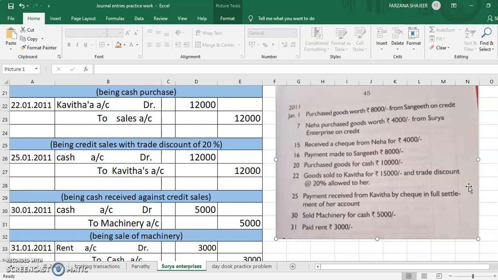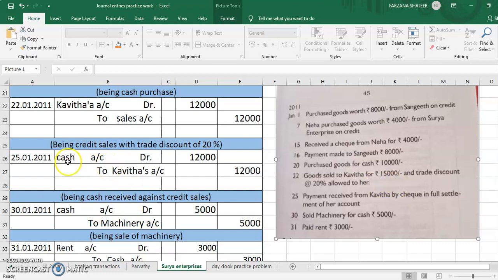So that is 20% trade discount is given. So 15,000 into 20% makes 3,000. The discount is 3,000. The sales made to Kavita is 15,000 minus 3,000, because 3,000 is given as discount. The net sale is only 12,000.